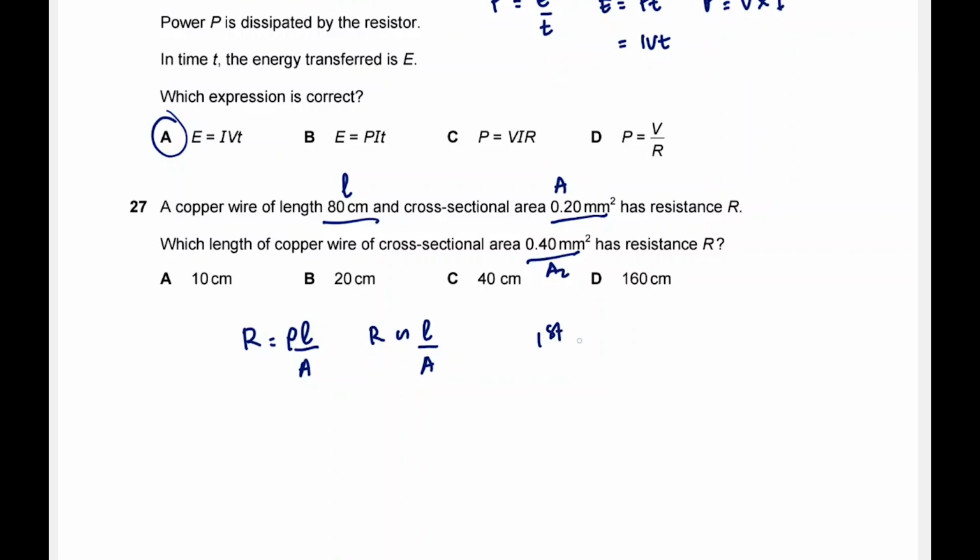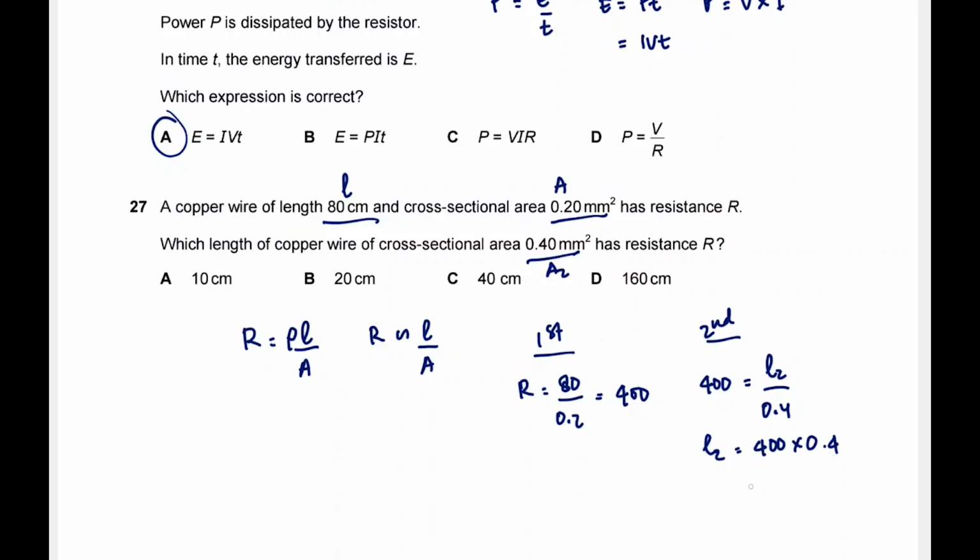For the first wire, the length is 80 and the cross-sectional area is 0.2, so this is 400. Therefore, for the second wire, the resistance, which is 400, is equal to the length divided by the area, 0.4. So it will be 400 times 0.4 equals 160 centimeter.